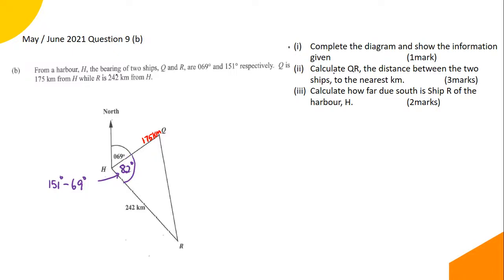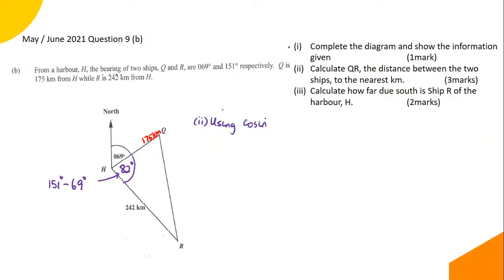Now part 2, calculate QR. So they want us to find QR. And we know from the previous questions, when you have to find a missing length, it's most cases the cosine rule, because QR squared is equal to the sum of the squares of these two sides minus 2 times these two sides times the cosine of the angle opposite this length, which is 82. So we are on part 2 using the cosine rule.